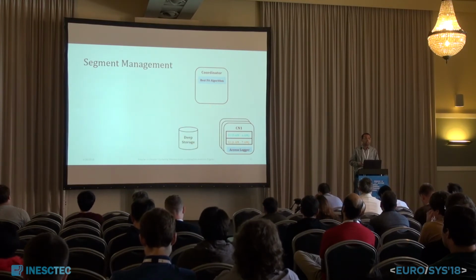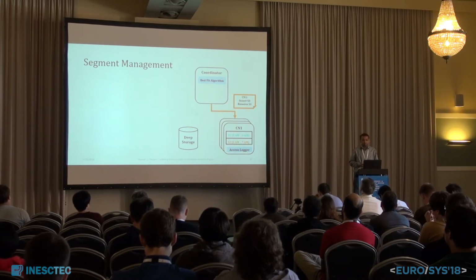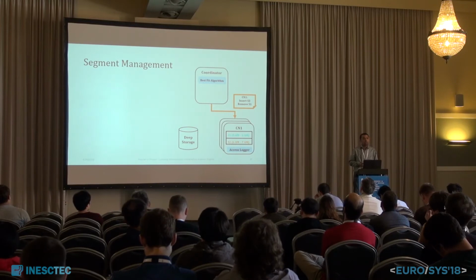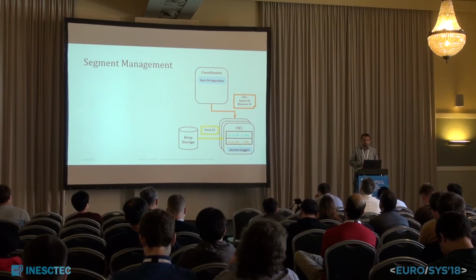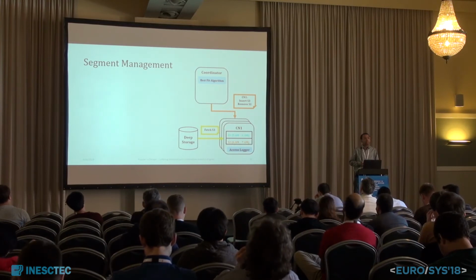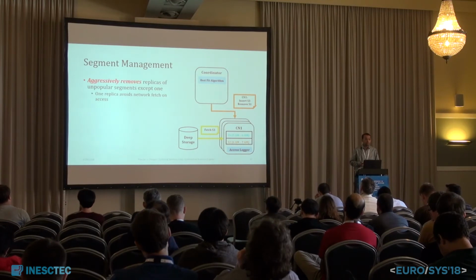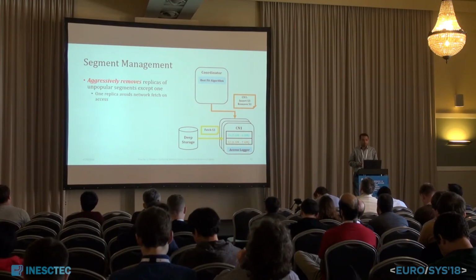Based on the generated segment placement plan, the coordinator instructs the compute node to load or remove segments for the next round. To load a new segment, the compute node fetches the segment from the deep storage. To keep memory utilization high, GetFX aggressively removes unpopular segments. All but one segment can be potentially removed.